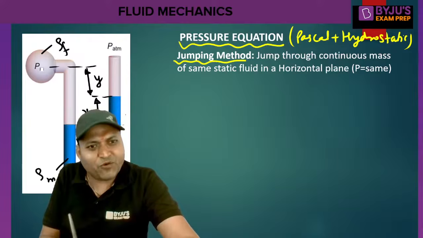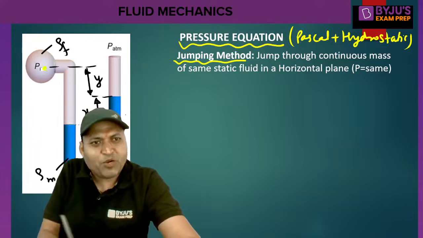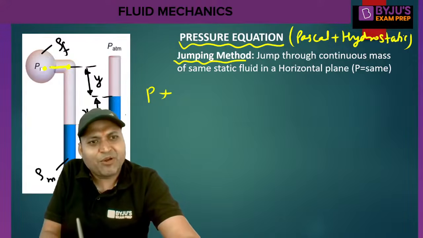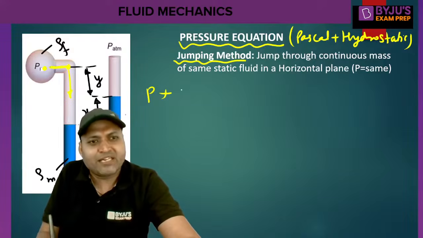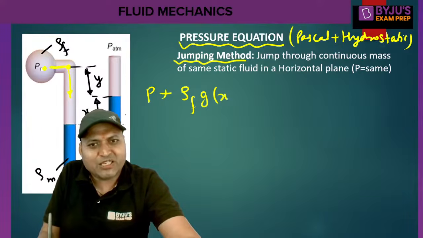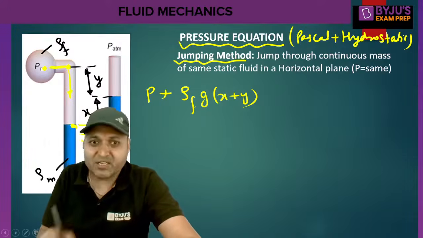So we will jump from one point to another point. We can start from point P. This point will also have the same pressure because of the continuous mass, static fluid, same elevation. We are moving in the downward direction, plus rho f into g into x plus y. Then we can jump from this point to another point in the right limb. These two points have the same pressure according to Pascal law.